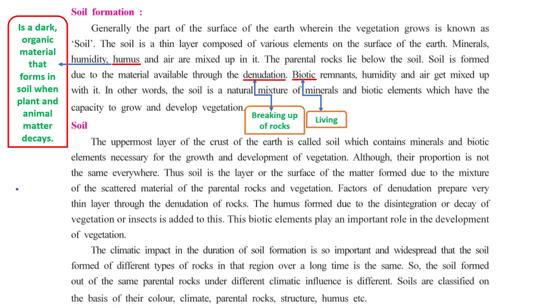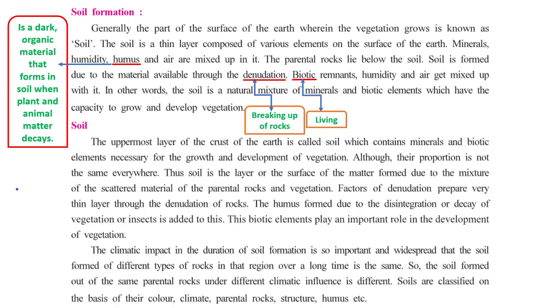What is humus? Students, humus is a dark organic material that forms in soil when plant and animal matter decay. Those particles we call humus. And soil is formed by mixing up of all these four elements: minerals, humidity, humus and air.